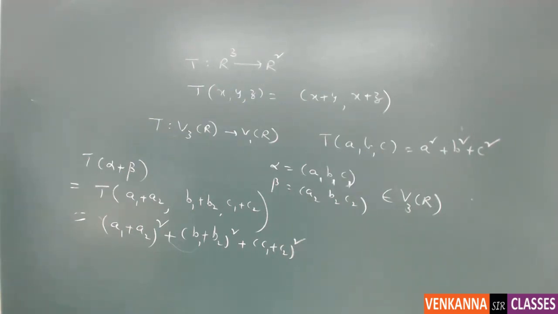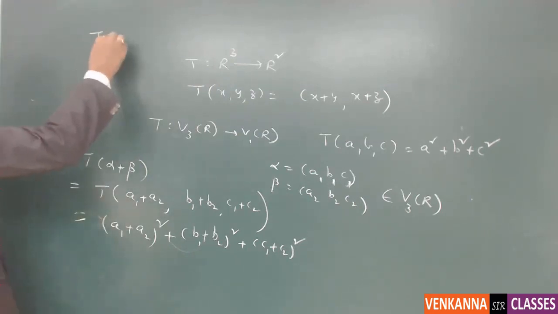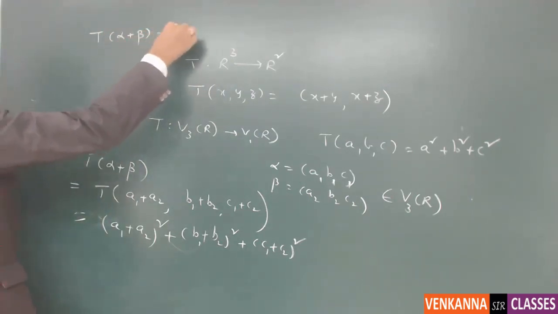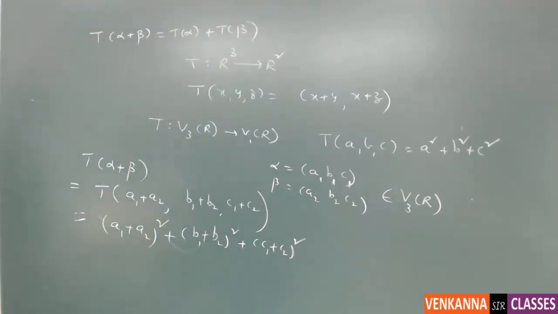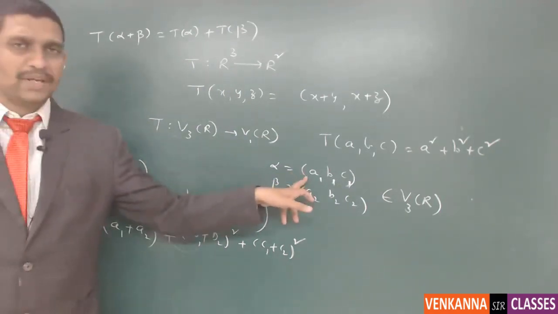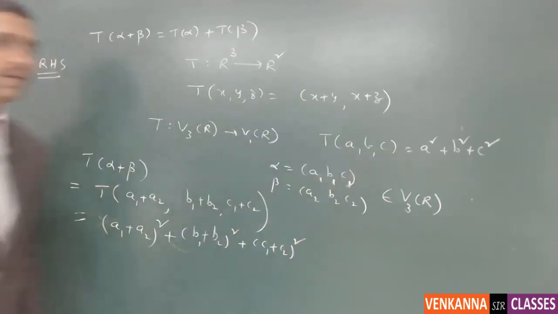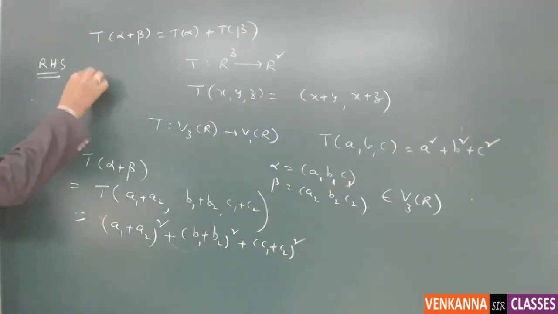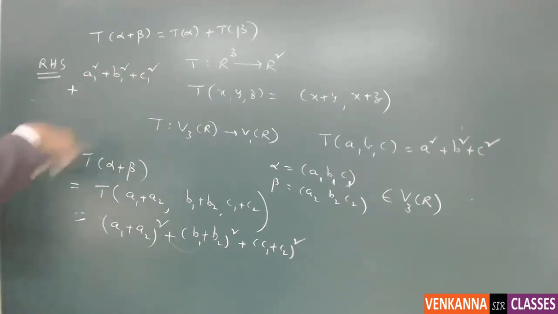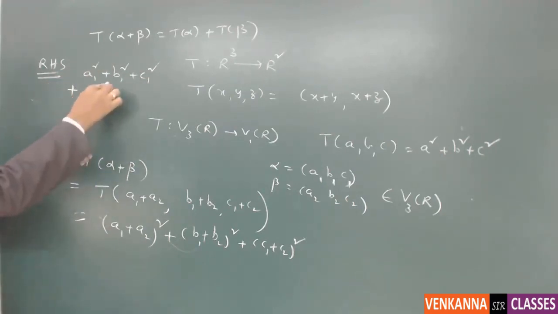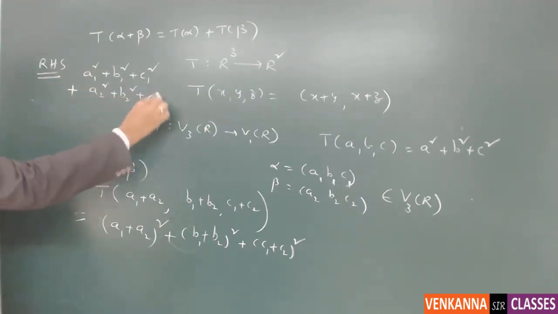Now what is the first condition for linear transformation? T of alpha plus beta is equal to T of alpha plus T of beta. Now let us do the RHS. Let us sum T of alpha plus T of beta. Using the definition of mapping T, T of alpha is a1 square plus b1 square plus c1 square, plus T of beta, which is nothing but a2 square plus b2 square plus c2 square.